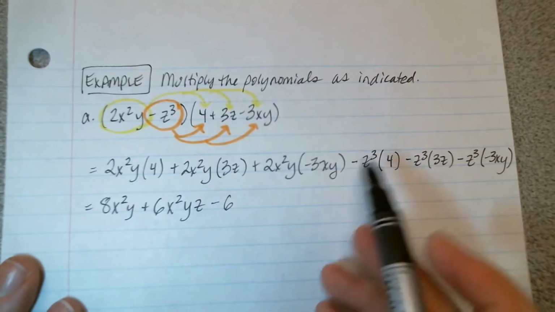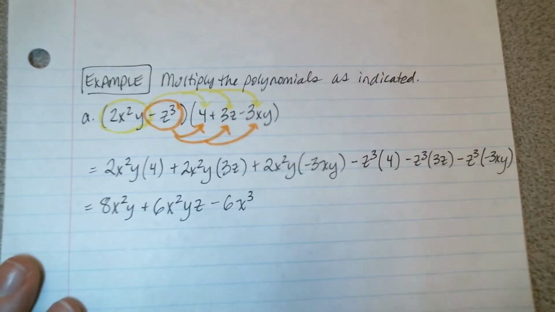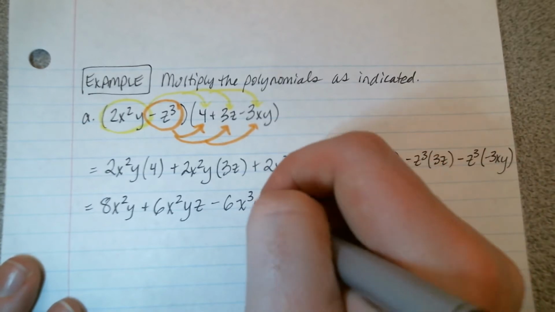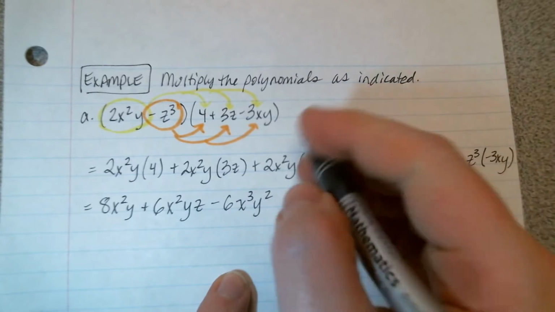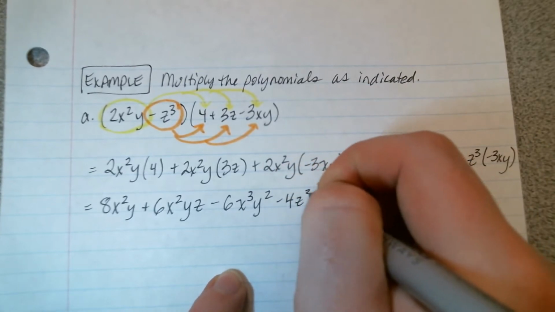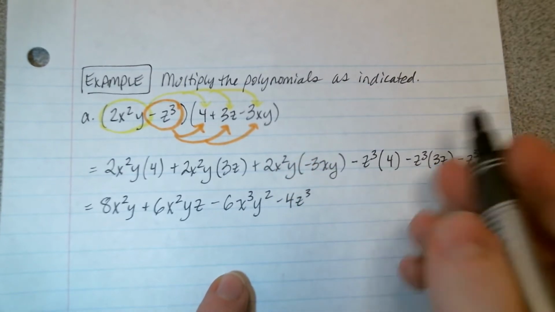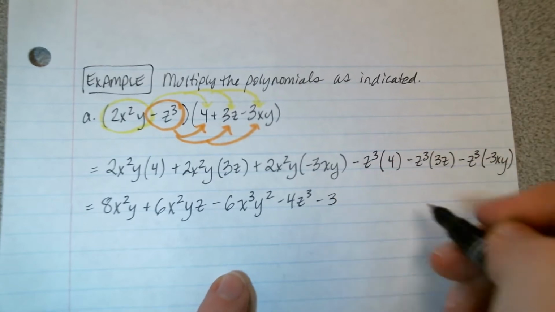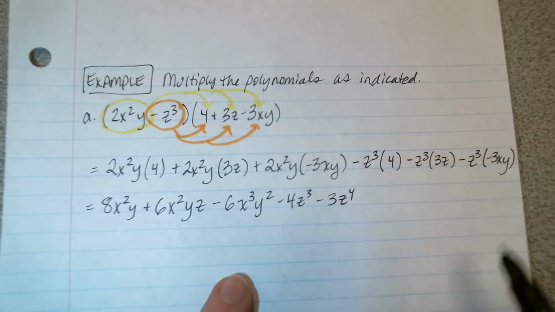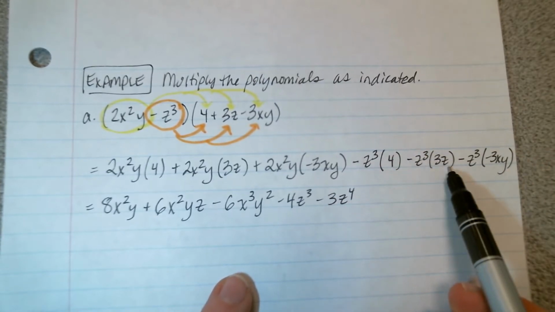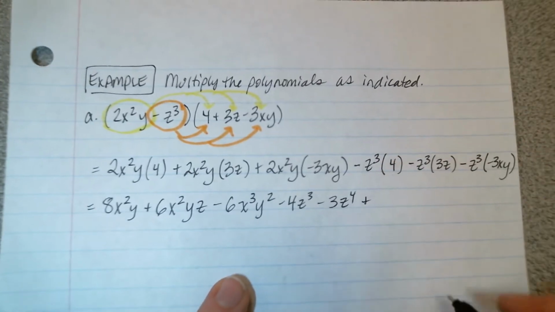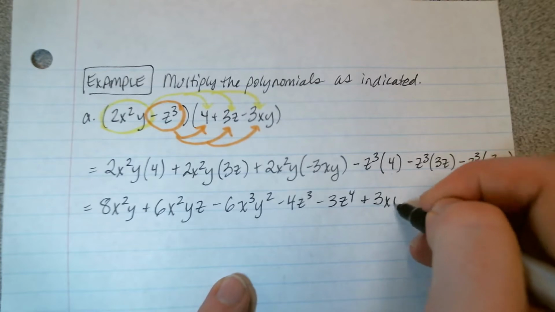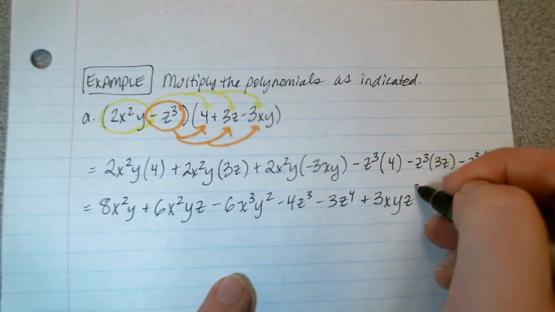X squared times x, y times y. Negative 4z cubed, negative 3z to the 4th, z cubed times z. Negative times a negative is positive. 3xy z cubed.